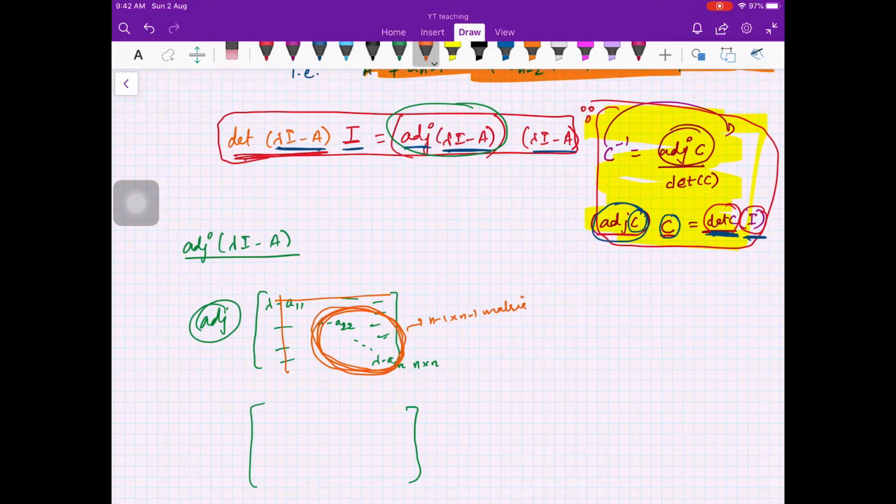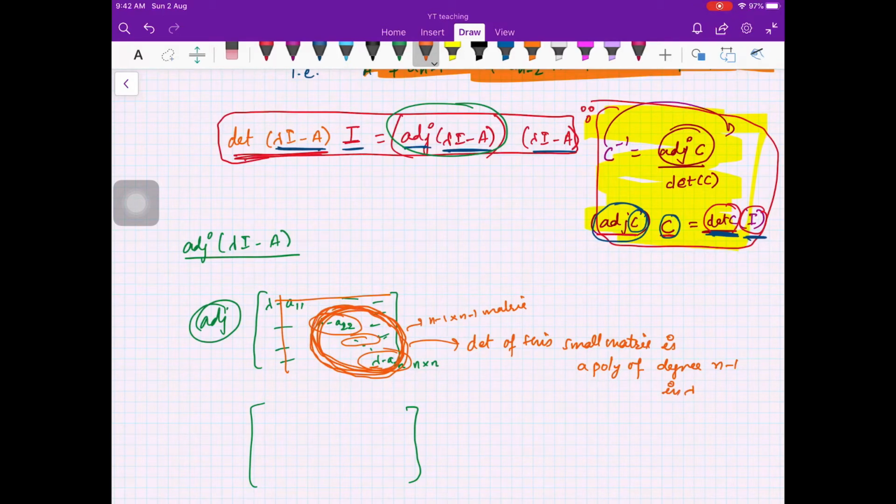Now when you find the determinant of this particular matrix, there are n minus 1 terms, lambda minus A22, lambda minus A33, up to lambda minus Ann. So the determinant of this smaller matrix is a polynomial of degree n minus 1 in lambda, because there is this lambda.